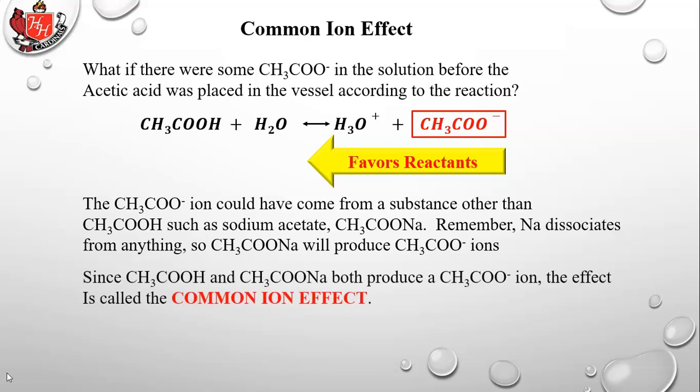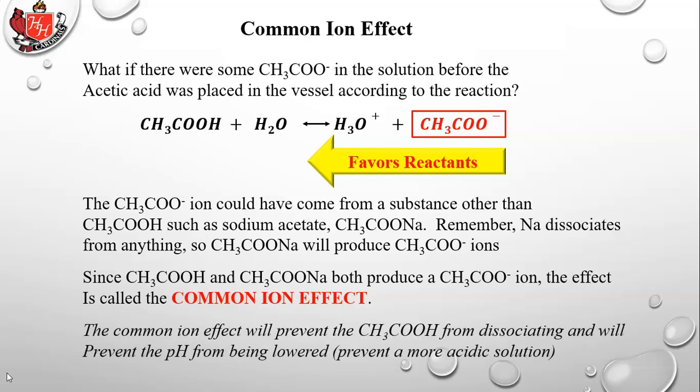So since CH3COOH and CH3COO-Na both produce an acetate ion, CH3COO-, the effect is called the common ion effect because they both produce a common ion. That is the acetate ion. The common ion effect will prevent the CH3COOH, the acetic acid, from dissociating and will prevent the pH from being lowered. That is, it'll prevent a more acidic solution.